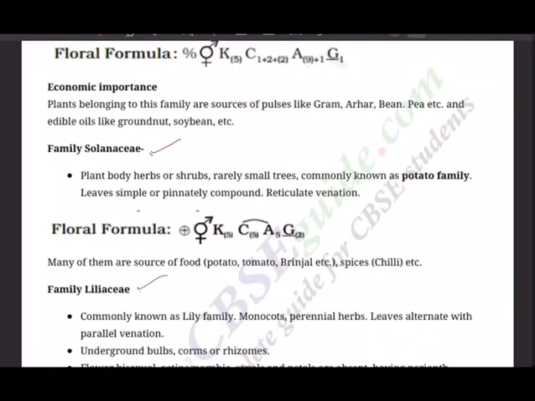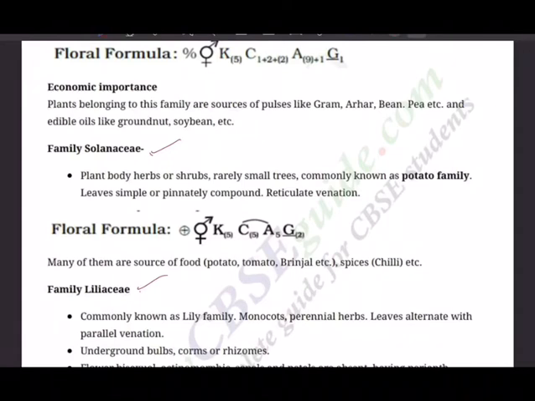So depending upon the natural plants that are available within our campus during your practicals, we will be giving you either Solanaceae or Liliaceae. So it is better to know at least the floral formula, so that once you know it you can write briefly about it. And of course, based on the stem, the leaf, the root, and the flower, you can describe the floral formula.